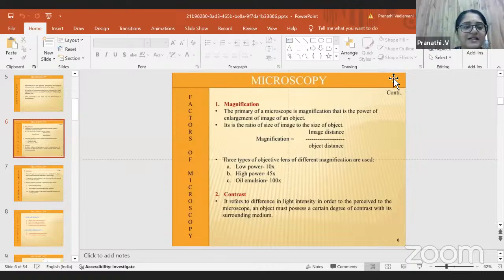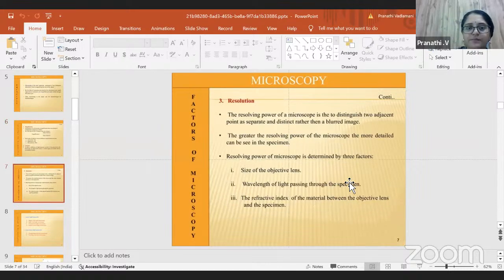And contrast is, in different light intensity, how the object is being seen. You should be able to look at the image and tell it apart from its background. That is its contrast power. And when it comes to the resolution power in the microscope, it is how clearly you are able to see two different objects.